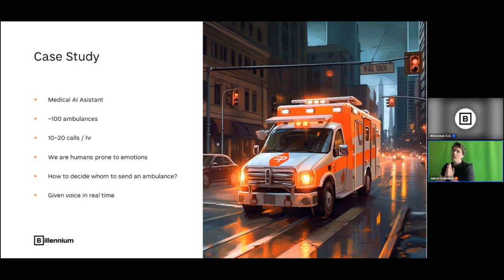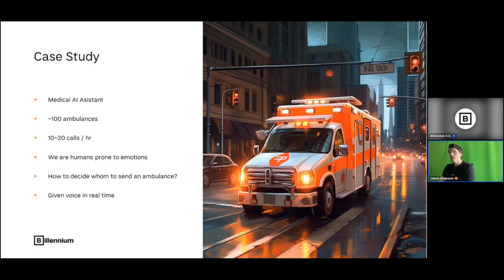And so let's get back to the case study for the medical triage, because this is the one for which we have generated metrics, and this is the one that had a real impact in the world. So the case study is that we would like to build a medical AI assistant that operates in the US and in a company that owns about 100 ambulances.